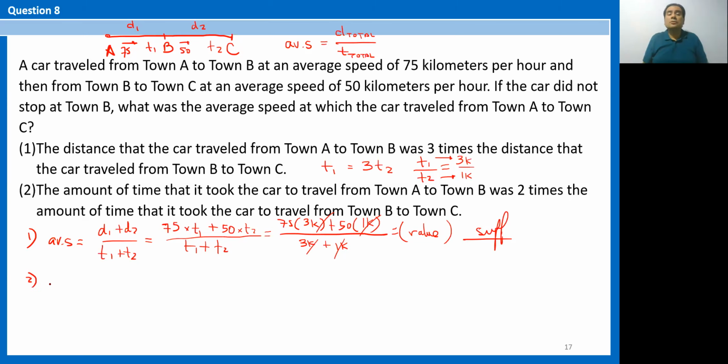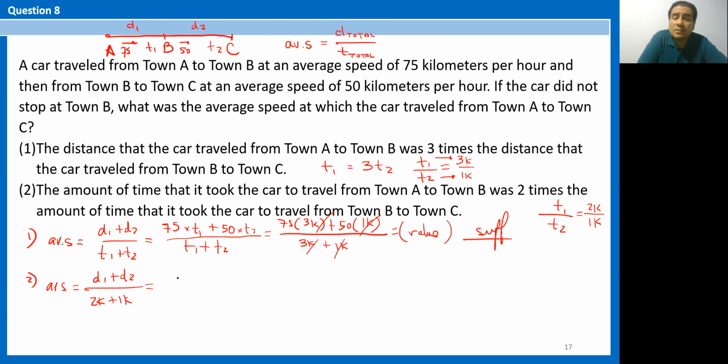Okay, statement 2 says that the amount of time that it took the car to travel from town A to town B was 2 times the amount of time that it took the car to travel from town B to town C. So the time 1 is to the time 2 as 2k is to 1k. So I can use here the formula: distance 1 plus distance 2 divided by the sum of the 2 times, which would be 2k plus 1k.